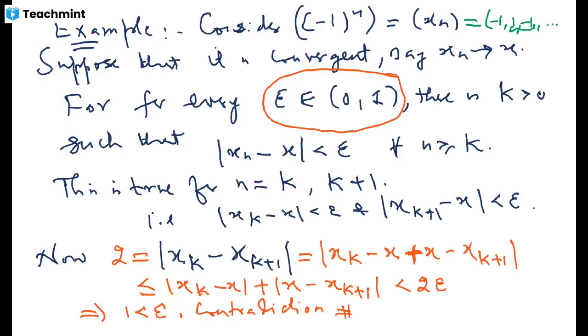Now let's look at this sequence closely. Note that this sequence, minus 1 to the power n, is a bounded sequence. Its range contains only two distinct terms, either 1 or minus 1.